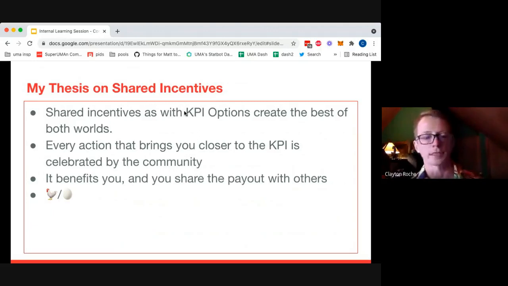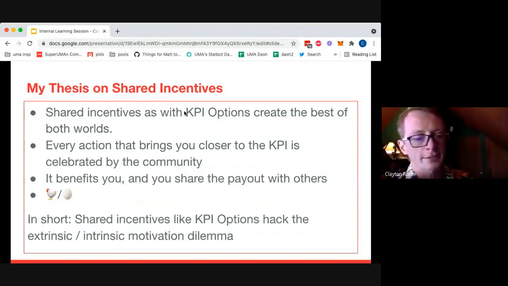And so my argument is that shared incentives, such as with the KPI options, help solve this chicken and the egg problem by hot wiring the system a little bit to move it along, to where you have people who are immediately excited for contributions that you make and who are also excited to make contributions. And so KPI options and shared incentives like this could be very instrumental in bootstrapping a new community, specifically overcoming that chicken and the egg problem.